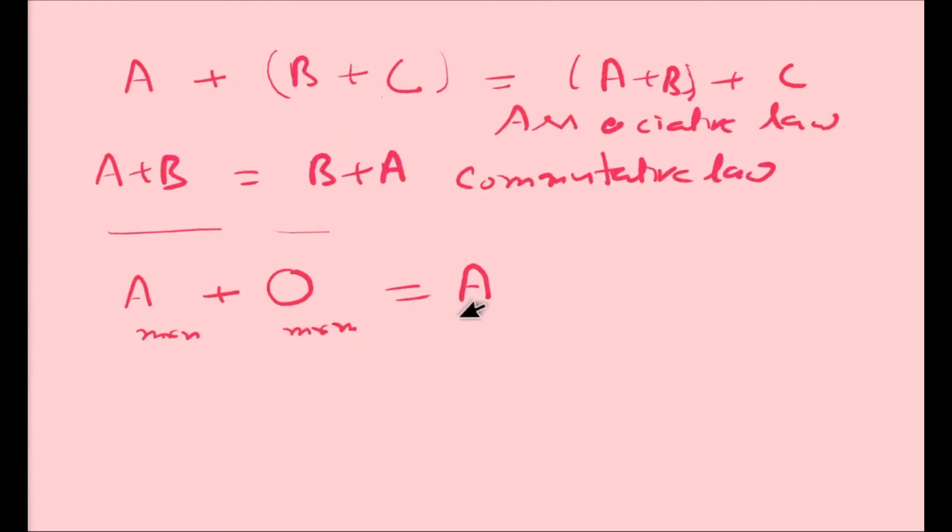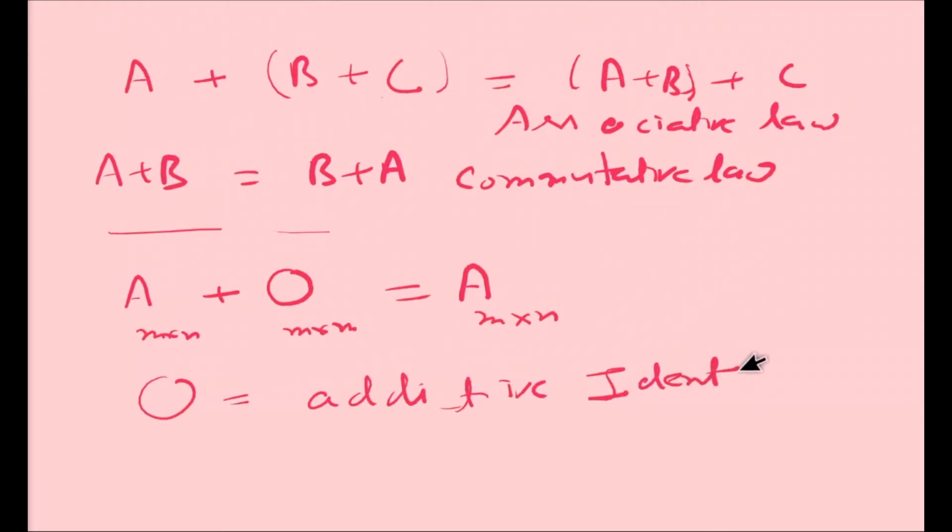So 0 matrix, when you add it, you will get again A. So we can say in addition, O is the additive identity for matrix addition. What is this? O is additive identity. Additive identity. Okay.